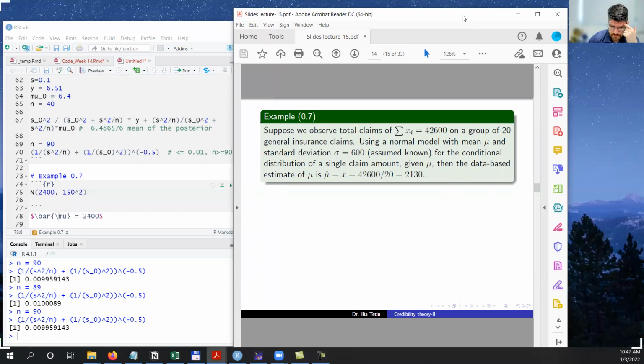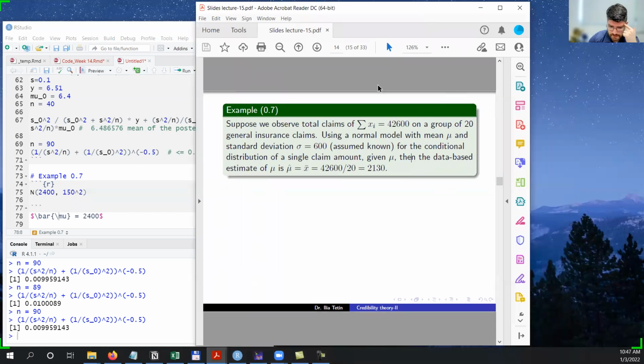Okay, I think some information is missing here. Some 42 over 20s to 130. So why do we get this 2130? Why do we get this 2130?